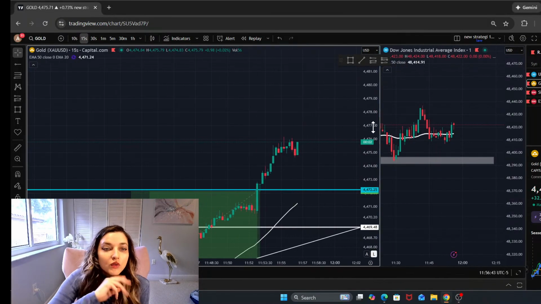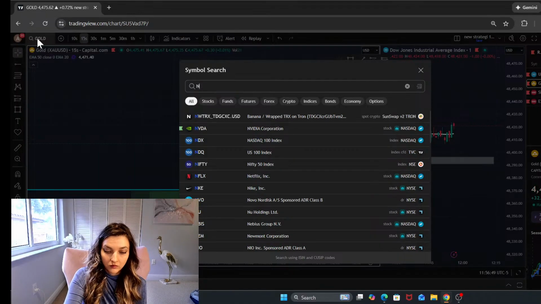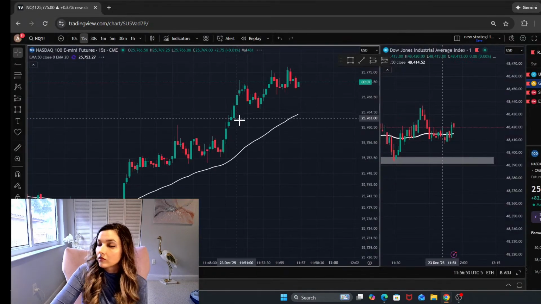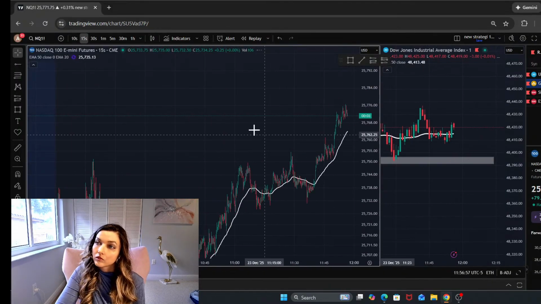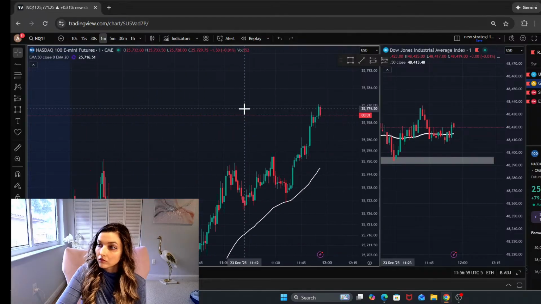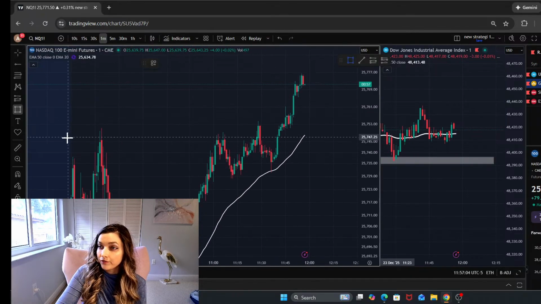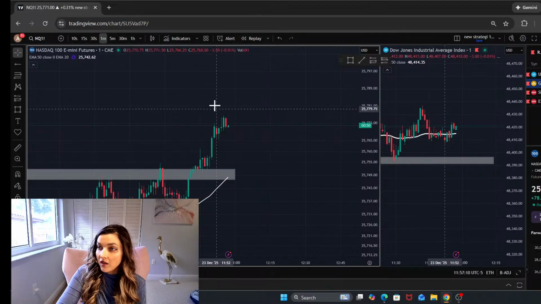Where do you want me to look at, Maria? NQ? Yeah, here they break this area, give you the retest, price above the EMA, bank.